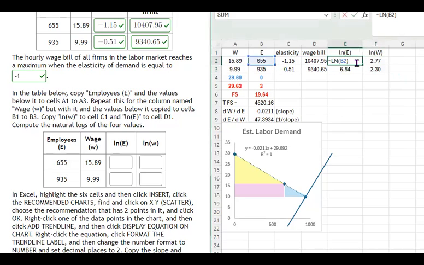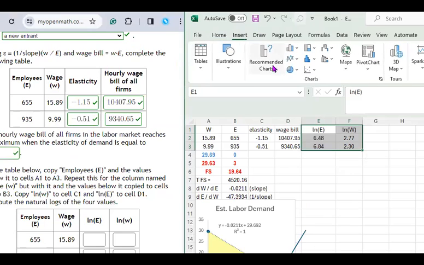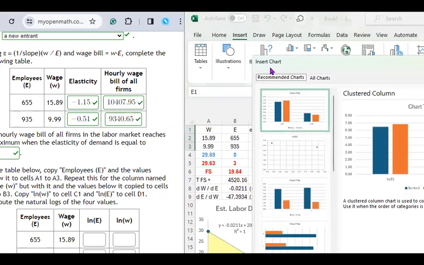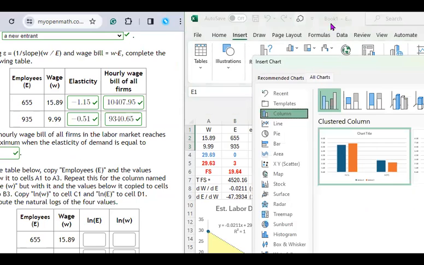So we have the natural log of that 655. We got the natural log of the 935. We got the natural log of that first wage, 1589. And we got the natural log of that second wage, 999, right? And then we're going to re-estimate this equation. I'm going to highlight all six boxes here. I'm going to click on insert and then recommended charts, all charts.